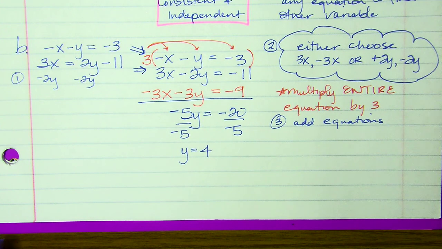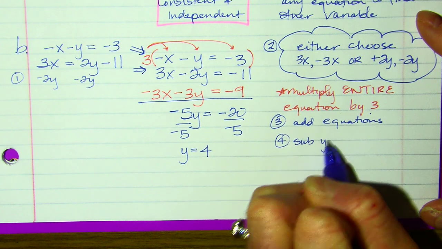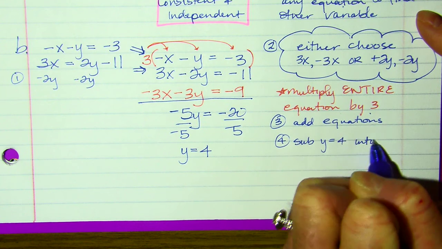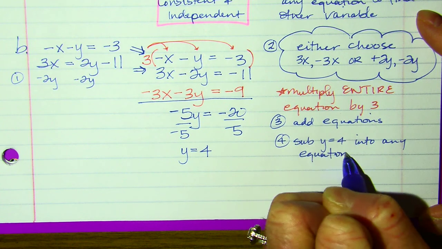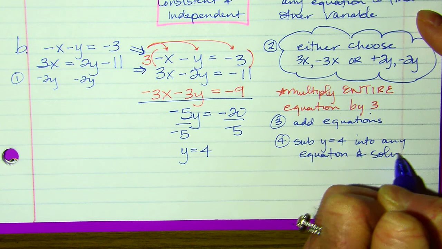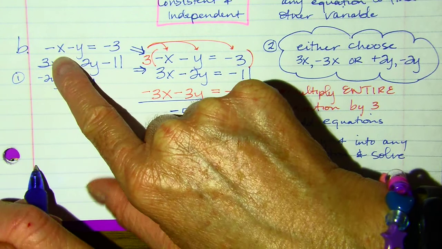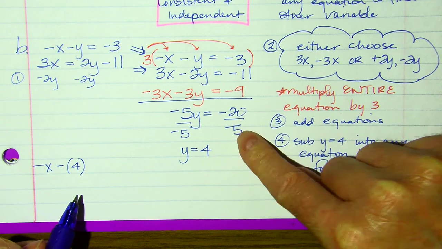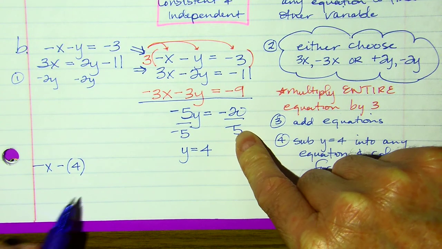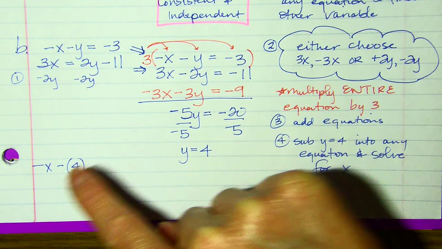Now, I'm going to substitute y equals 4 into any equation and solve for x. So I'm going to plug it into this first one. So negative x minus, we just found 4. Now, careful here, if you guys wrote negative 4, again, it's going to ruin your other value. A negative divided by a negative is a positive.